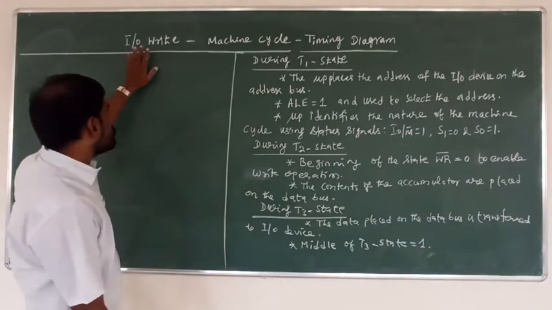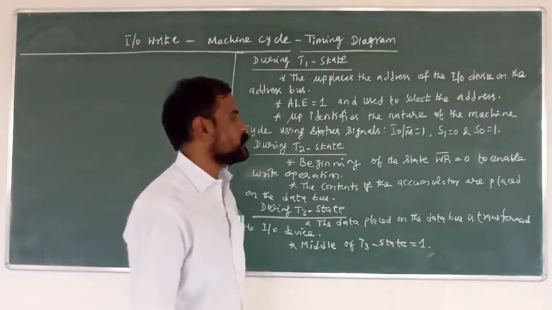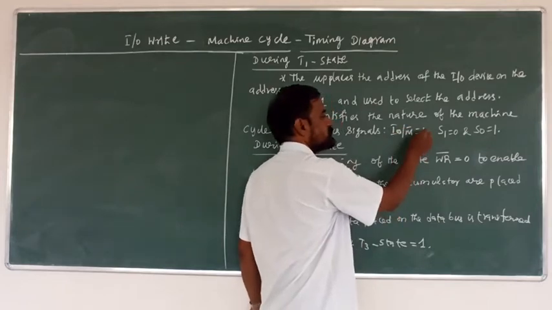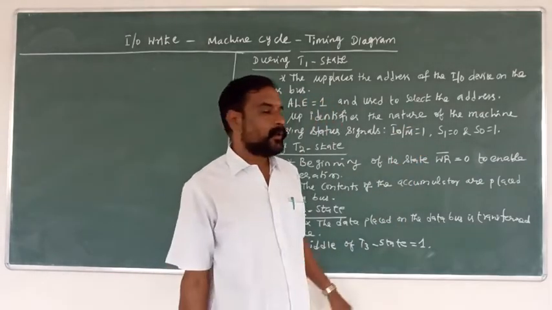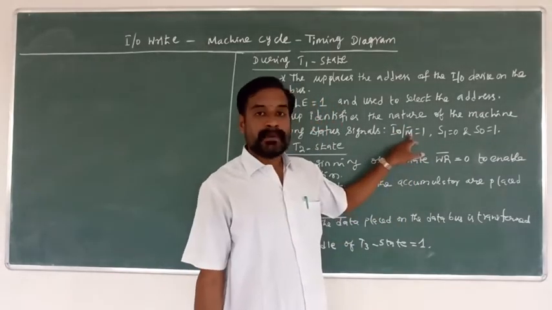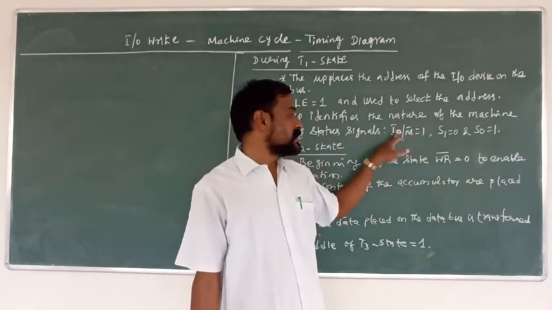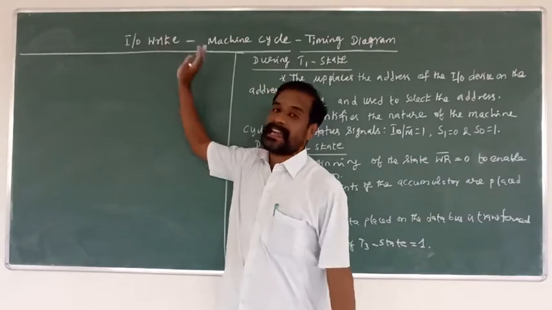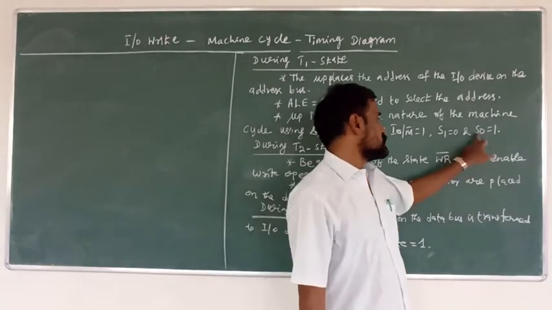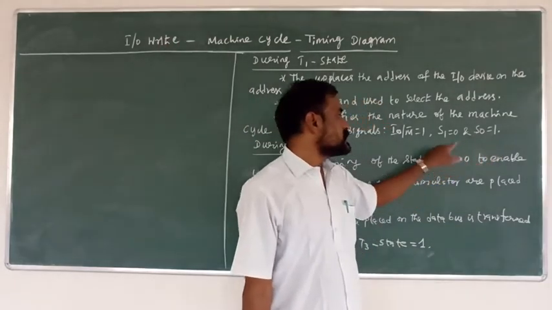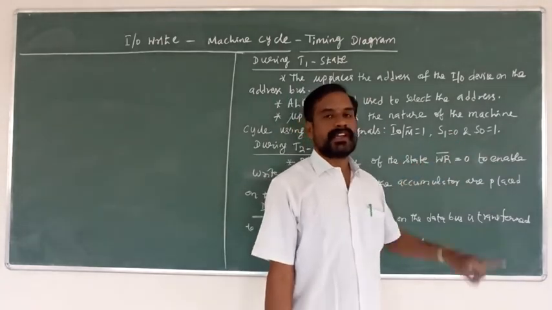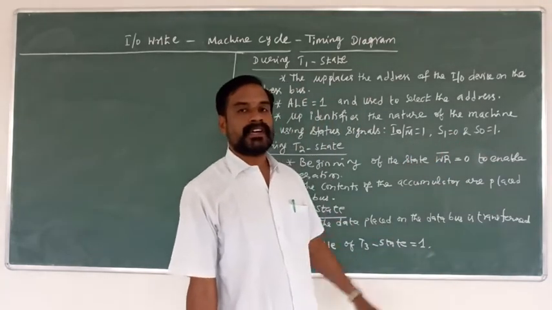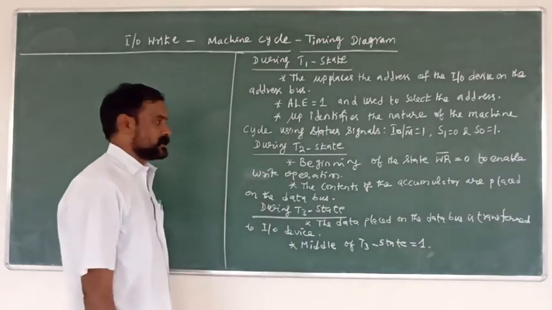Here, for input output write, you have to use the input output signal, which is set to 1. 1 means the memory signal will be disabled and it will select the input output devices. Now to write the data, write means S0 is 1 and S1 is 0. It will select the input output write operation.